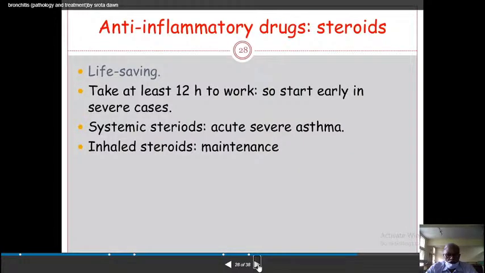The steroids also can be tried as an anti-inflammatory, life-saving when the patient is acutely ill.